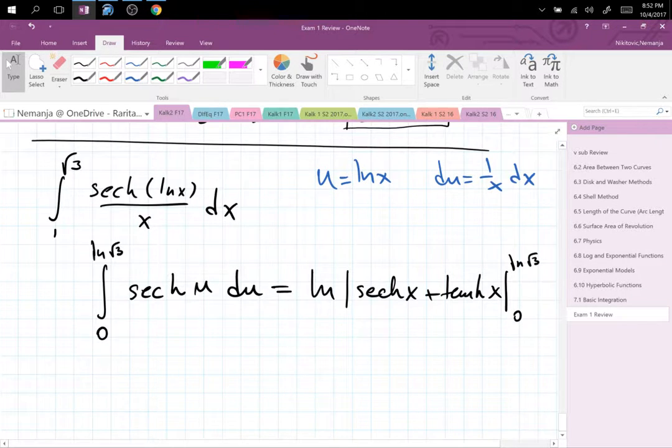Can you please verify this one in the book? I don't know about the hyperbolic. All the way in the back you have the table of 106 integrals, and when you see the secant hyperbolic it should be there. Or if it's not there, then 6.10 at the end.